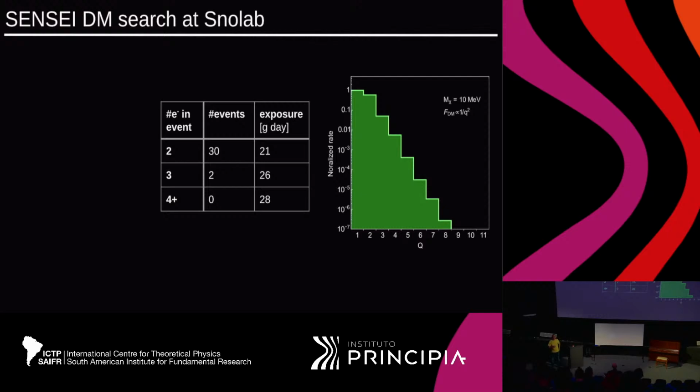My question is, do the 30, the 2, and the 0 already count other possible sources of these 2, 3, or 4 electrons, or are these all the events you saw, even background events? Yep. So for these 2 electron events, actually we have an explanation for all of them.